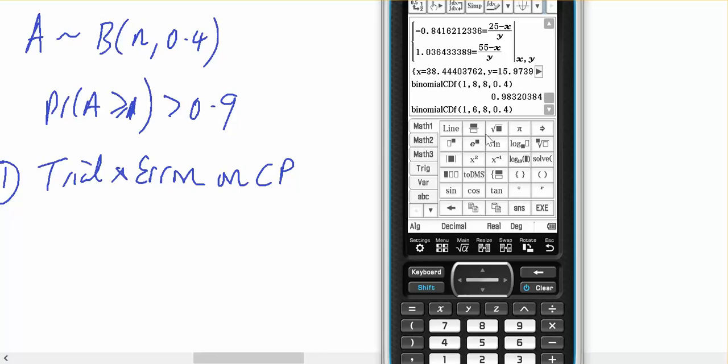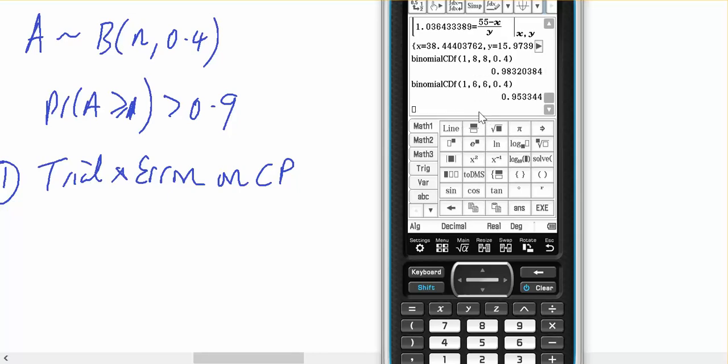I'm just going to cycle through different n's. 6 gives 0.95, so 6 is too big. How about I try 5? That gives 0.92, so maybe I'll try 4.